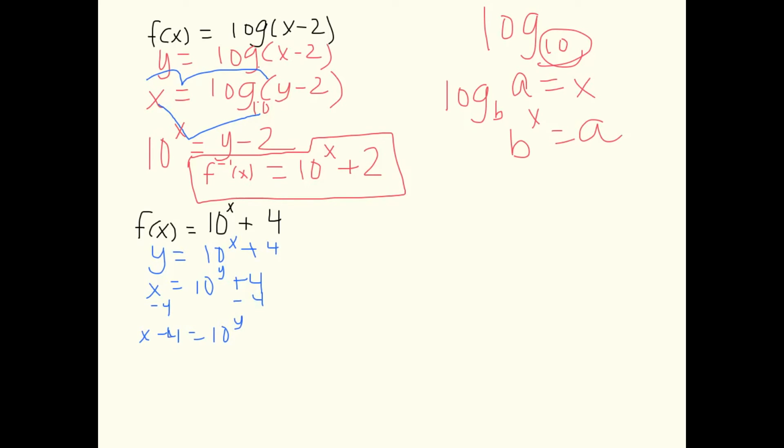And now I've got this exponential function that I can switch back into the logarithmic. So log base 10 of x minus 4, because I put this whole piece right there, equals y. And I'm done. I've got my inverse function is log base 10 of x minus 4.